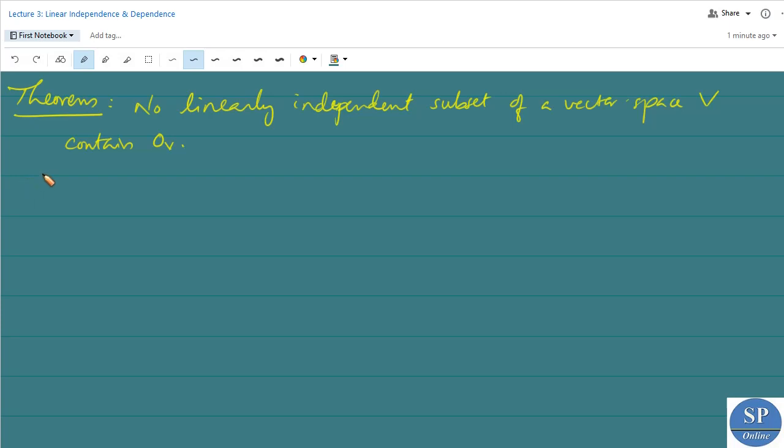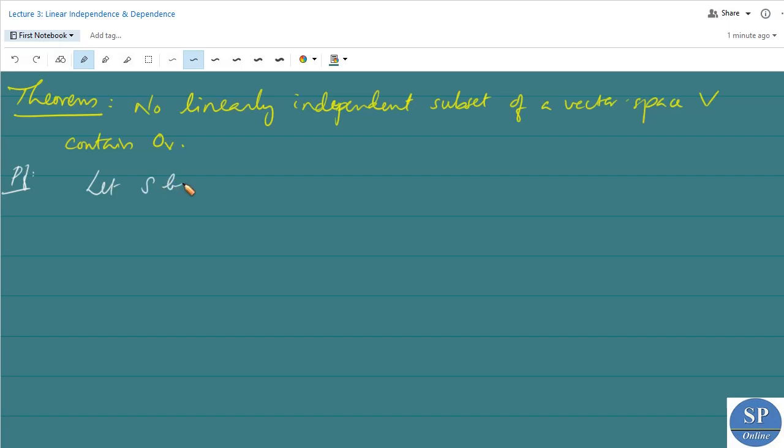Now we have an important theorem which says that no linearly independent subset of a vector space V contains 0. That is, any linearly independent subset of a vector space V does not contain the 0 element in V. So how to prove this?